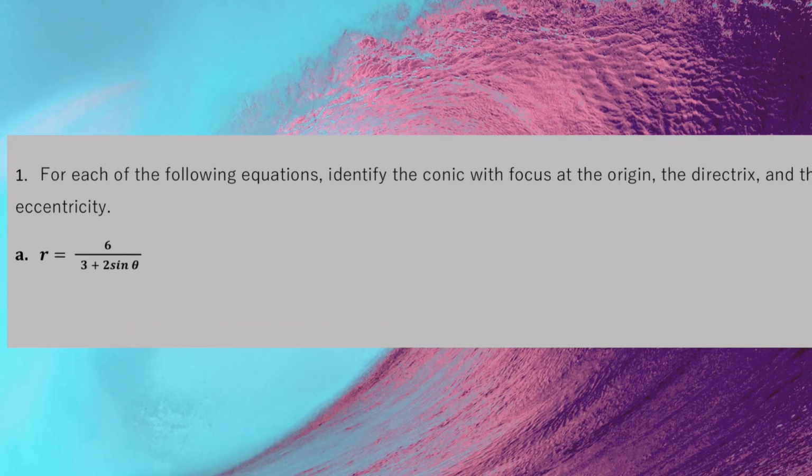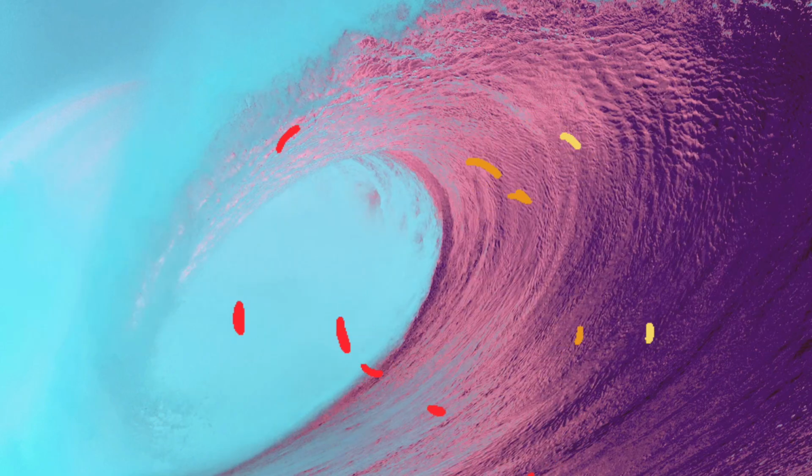Looking here at this first one, r equals 6 over the quantity 3 plus 2 sine theta. I'm going to manipulate this so that there is a 1 for the first term in the denominator. In other words, let's divide everything by 3.